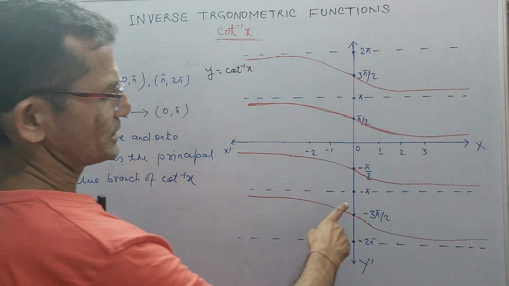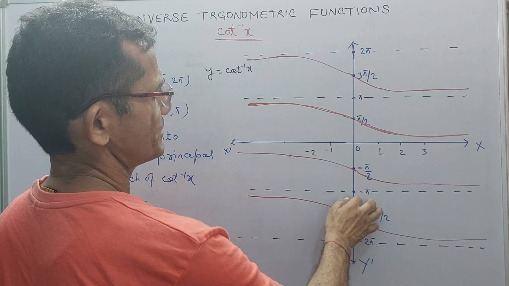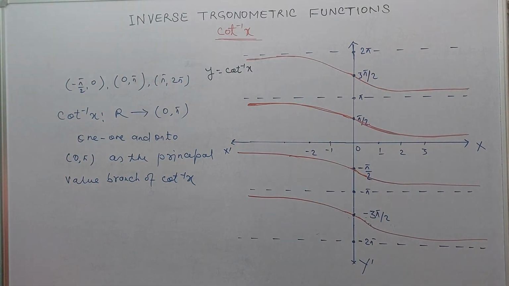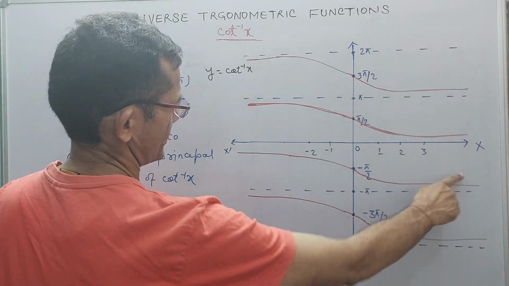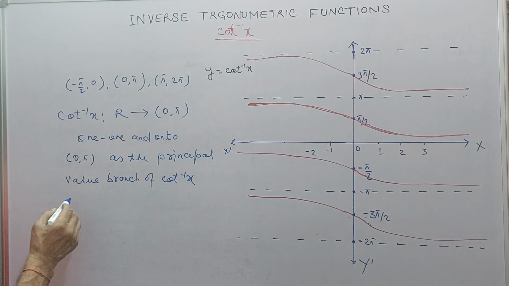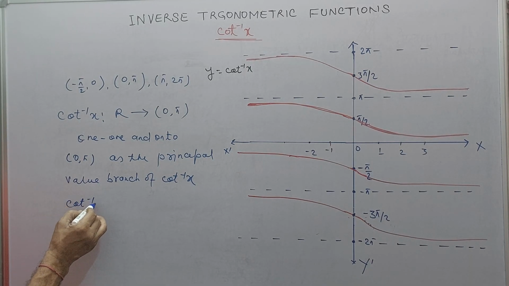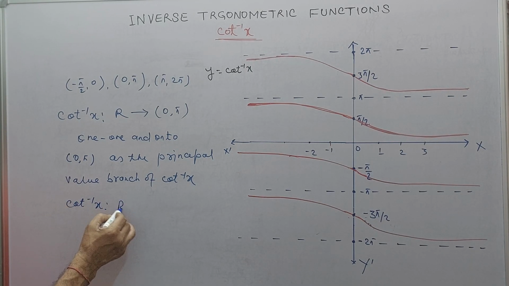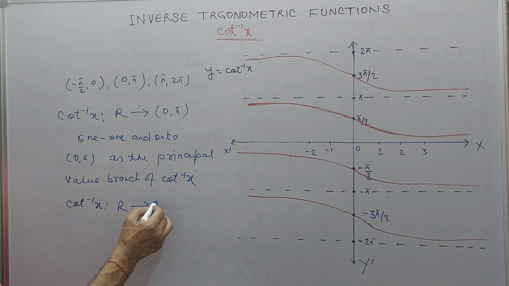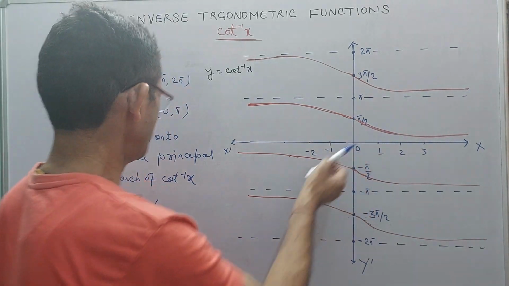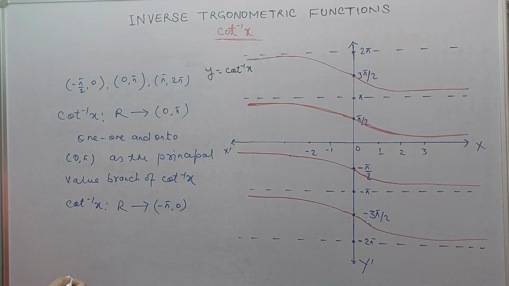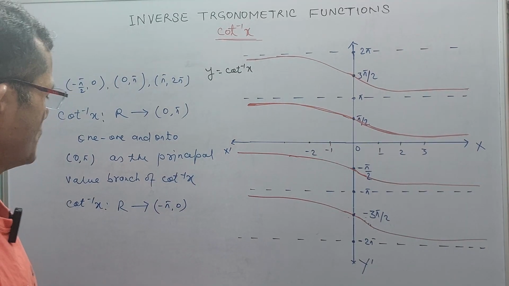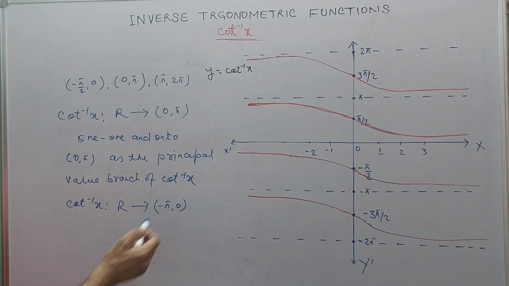Similarly, if I consider the interval from minus pi to 0, our domain of cot inverse x is again from minus infinity to plus infinity, the set of real numbers. And so on, on this interval it will again be a one-one and onto function.